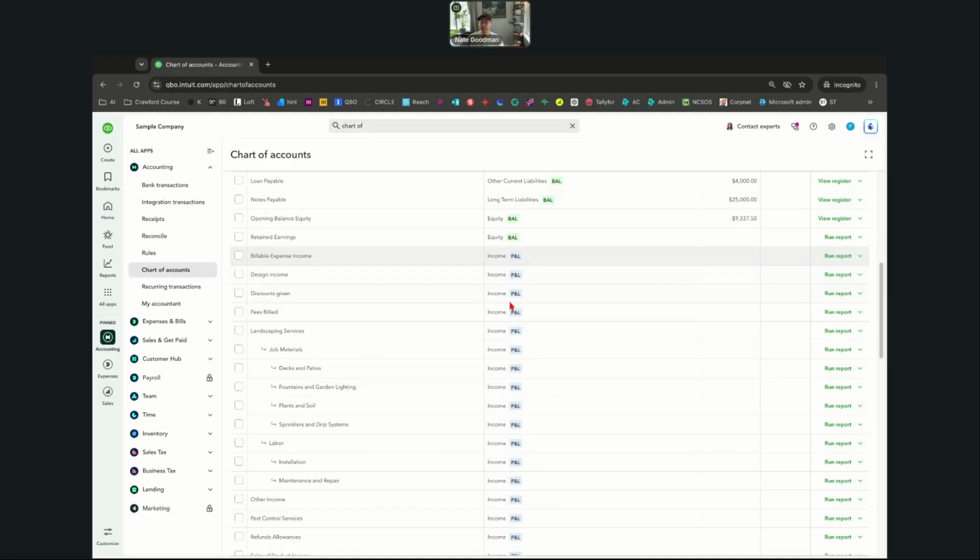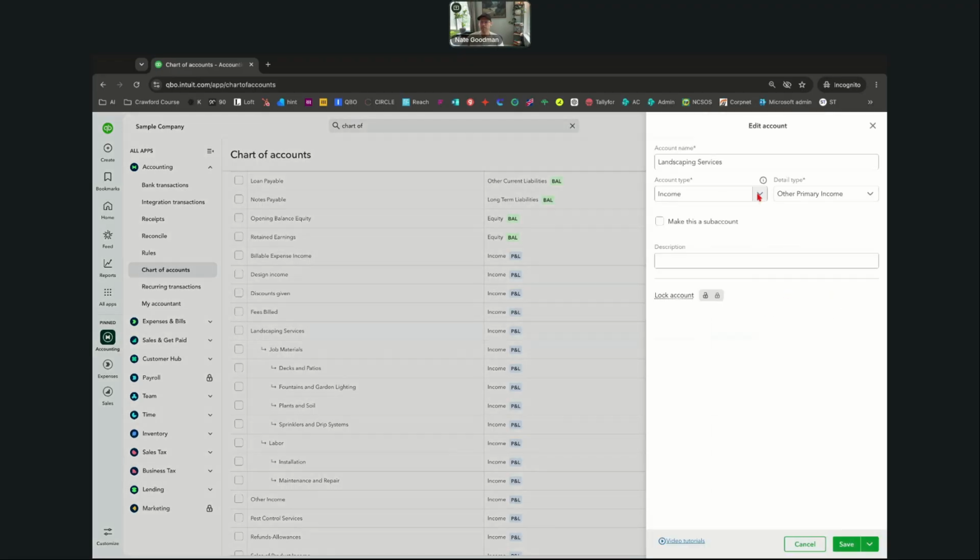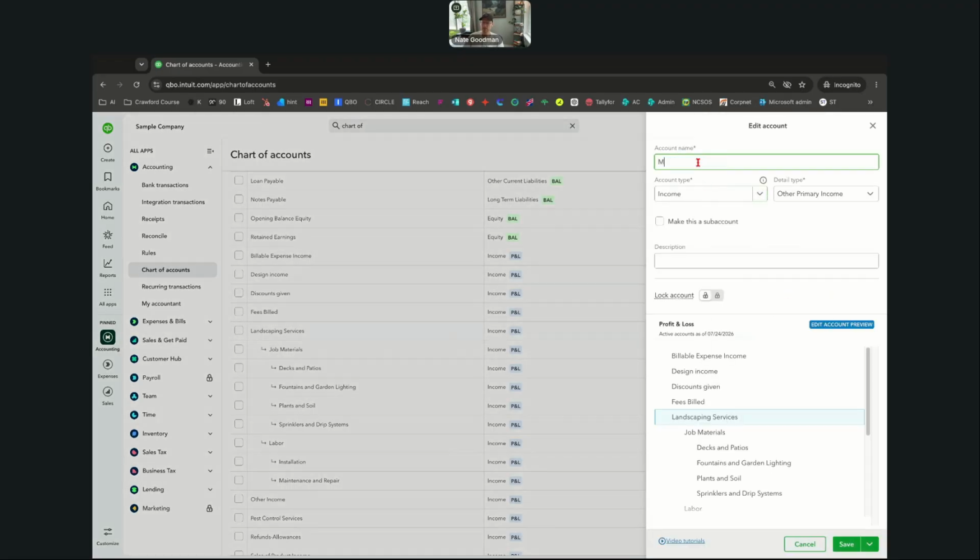So we have income accounts, the different types of income that this person is measuring, and then if I just came in here, I can edit and rename some of these. So if we just said member revenue. So this is our recurring revenue every time, and I'll make this our services and fees.